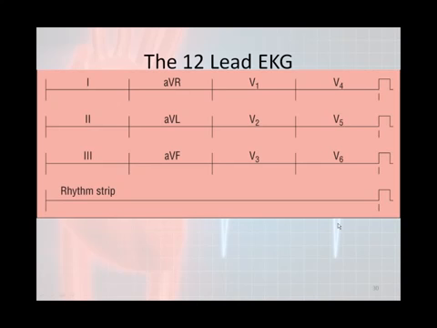The first 3 leads that are printed are leads 1, 2, and 3. They will be followed by printing AVR, AVL, and AVF. Then they're going to print V1, V2, V3, and then V4, V5, and V6 will then be printed.